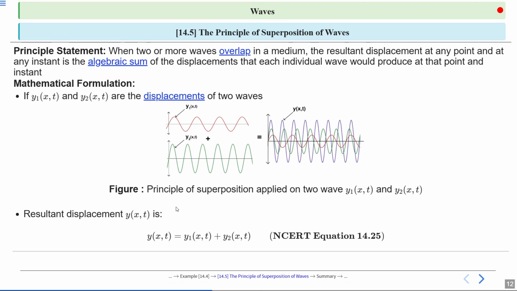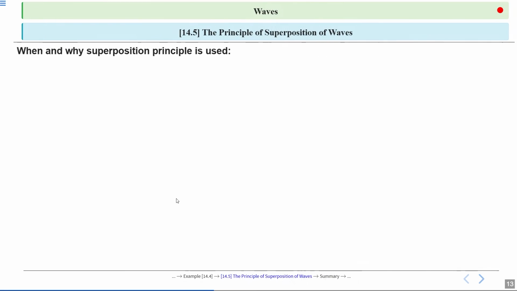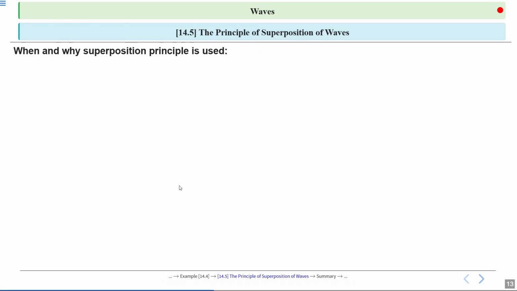14.25. Now let's try to understand when and why we use the superposition principle in physics, specifically in the context of waves and oscillations. The superposition principle helps us understand what happens when two or more waves or pulses overlap in the same space.